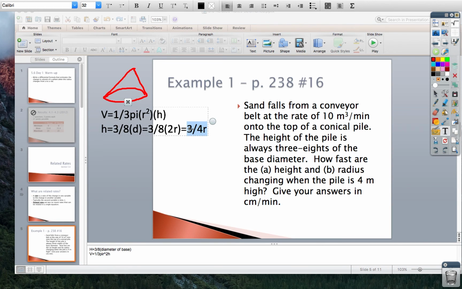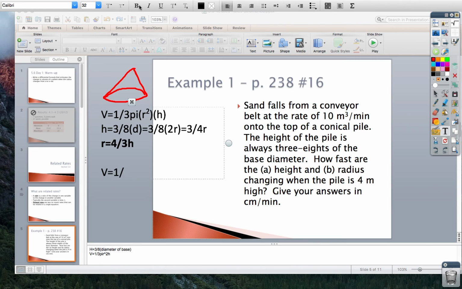So now we're going to replace some things. We want to find everything in terms of h, because part A says find how fast the height is changing. So taking this second equation, we find that r is equal to 4/3 h. Now we're going to substitute that into our volume formula.